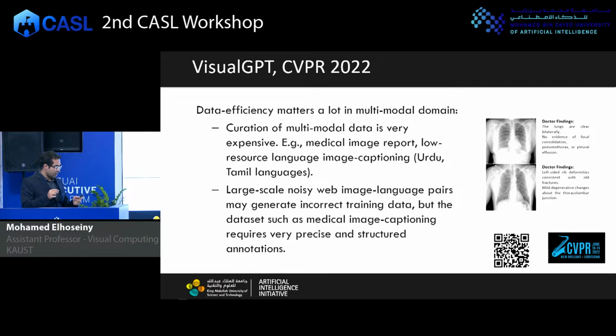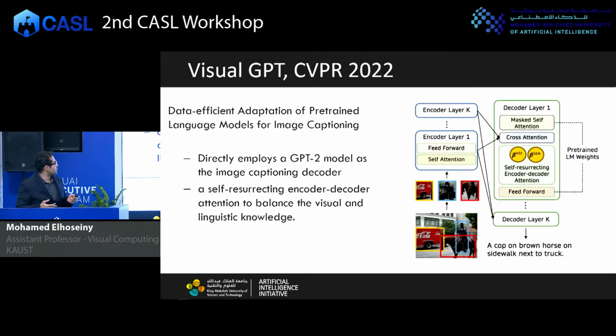So how can we design a gating function so that it can work? And this is important. Why? In a medical application, for example, you want to generate a medical report, the data is typically limited. So how do you want the model to train to produce this with limited data?